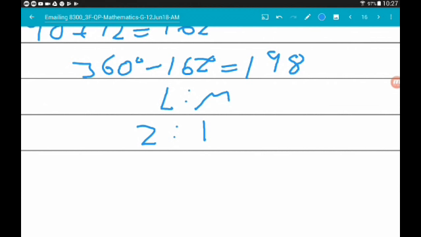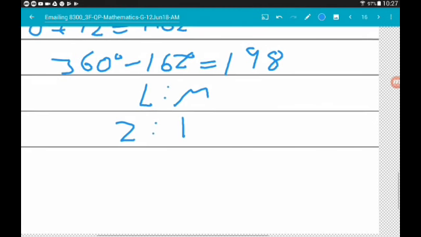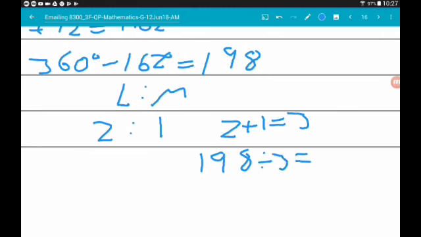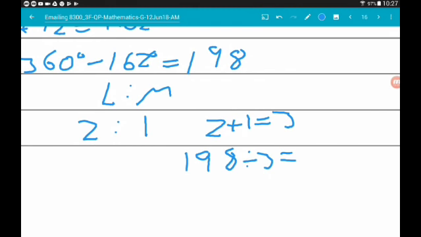So we want to split 198 in the ratio 2 to 1. So if we add 2 and 1, we get 3. 198 divided by 3 is 66.